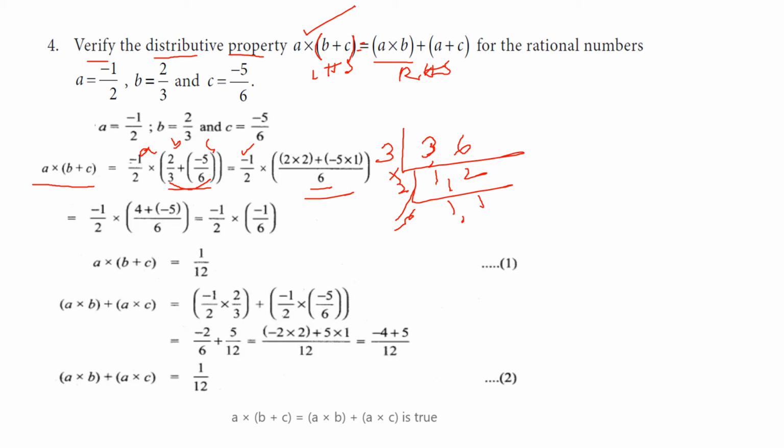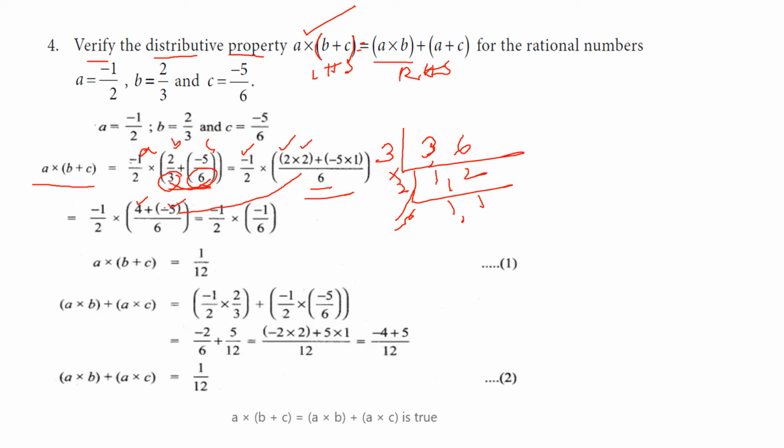First write 2. 6 in 3, 2 times. 2 3s are 6. So 2 into 2, plus first minus 5 write it. 6 in 6, 1 time. So minus 5 into 1. After you simplify this, 2 into 2, 4, plus minus 5 into 1, minus 5 by 6.